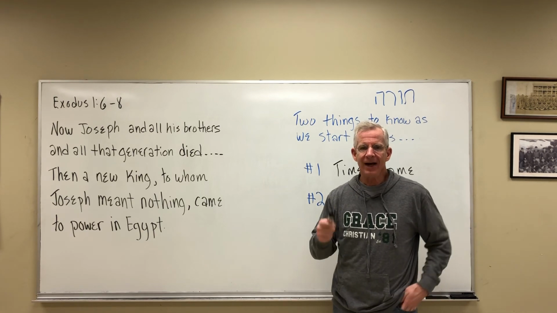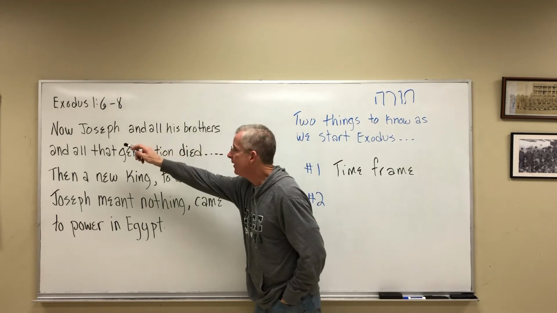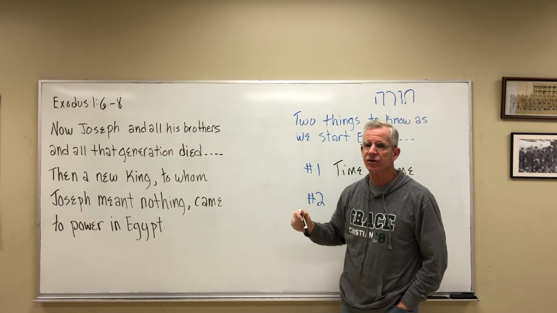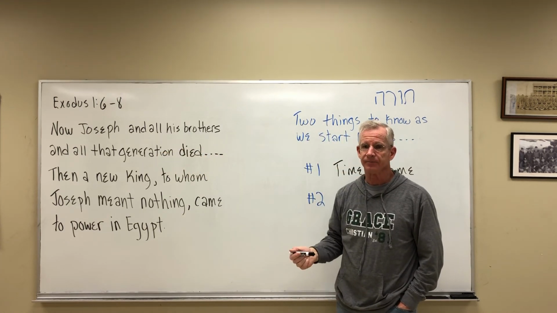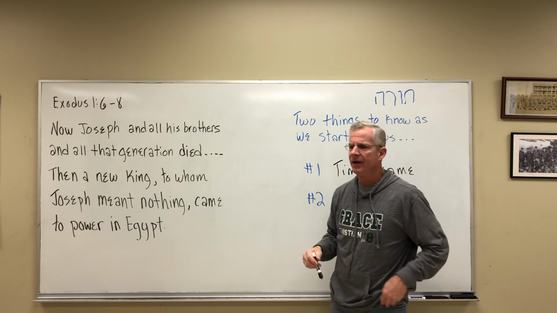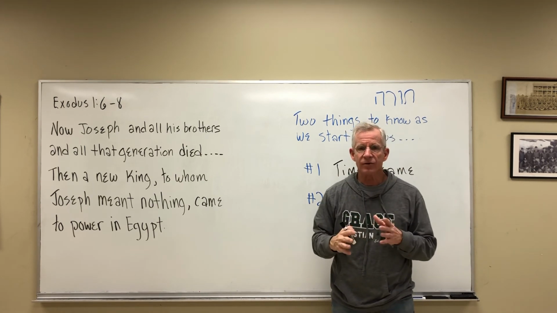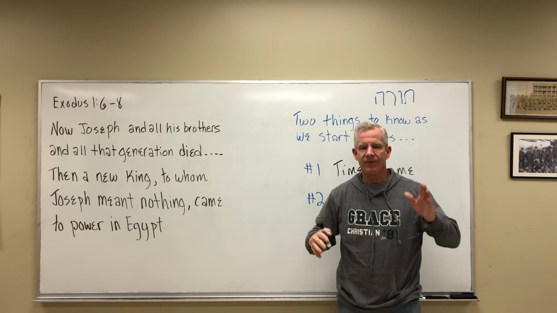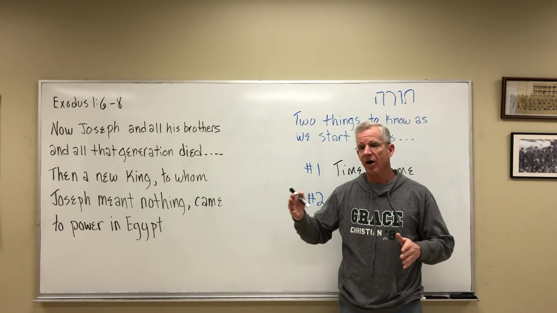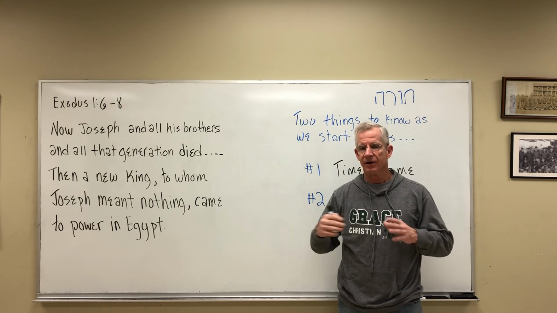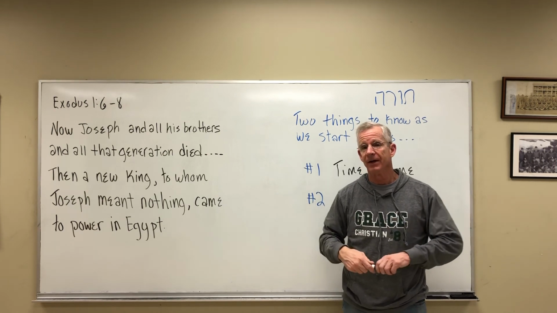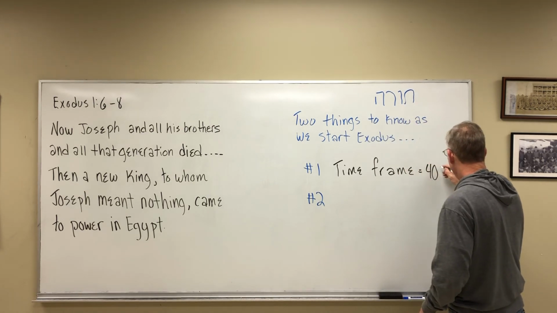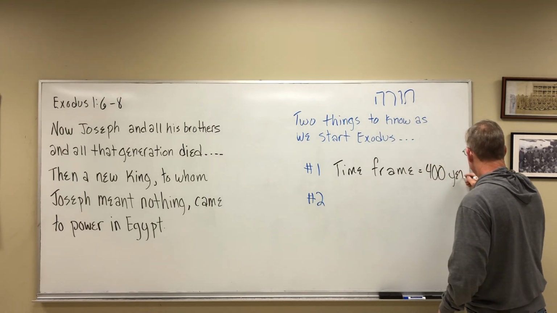But we're told in Exodus that Joseph and his brothers in that generation that relocated to Egypt had died. And that's important because as far as we know, the time frame from Joseph's death to where we are in Exodus, God was silent. And the time frame for that was 400 years.